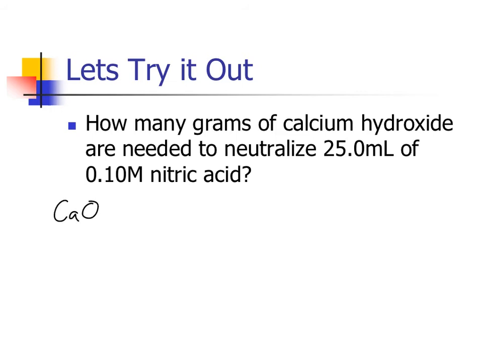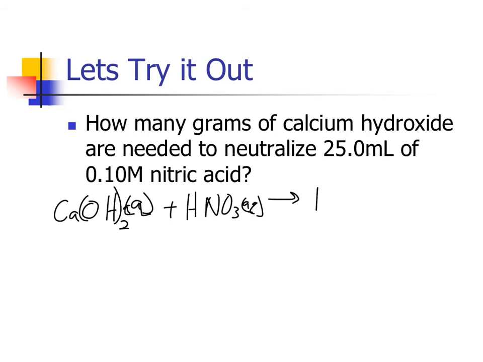And that I have my calcium hydroxide, which again is going to be Ca(OH)2. That 2 came from calcium because the charges don't match up. And that will be aqueous, plus nitric acid, HNO3, aqueous, going to give me water, which is a liquid, and in this case it will be calcium nitrate.